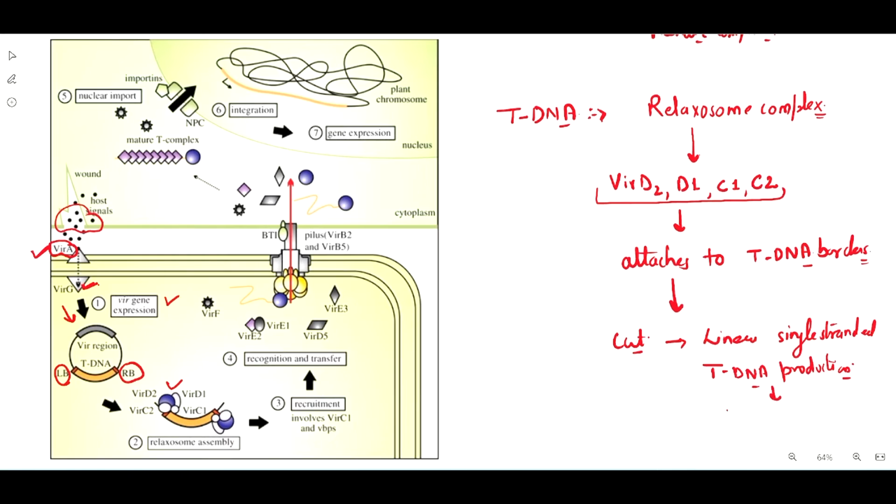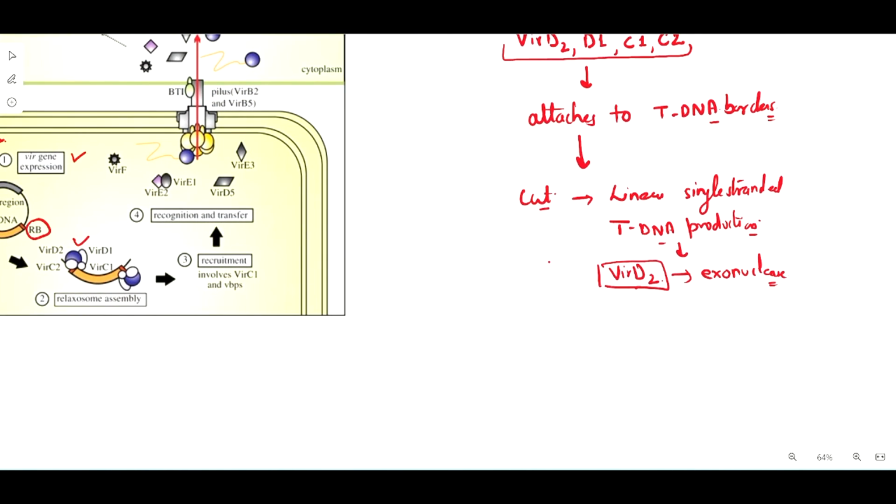This occurs due to the protein which is called VIR-D2 protein, because D2 here is an exonuclease enzyme. It acts as an exonuclease enzyme and it leads to the production of single-stranded tDNA, right?